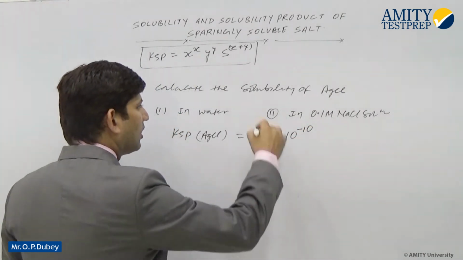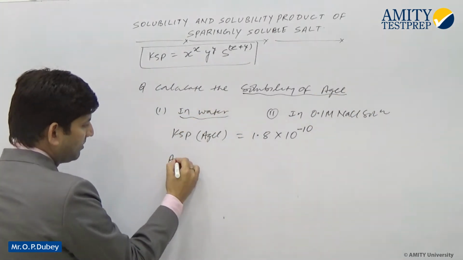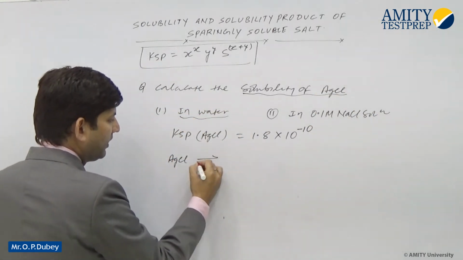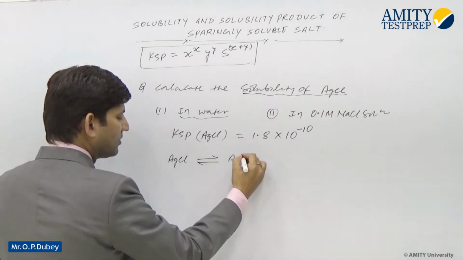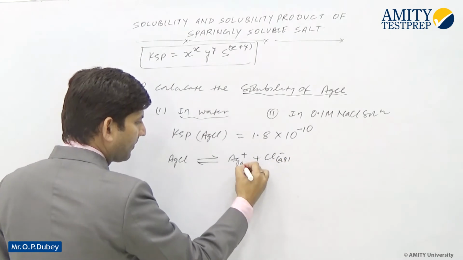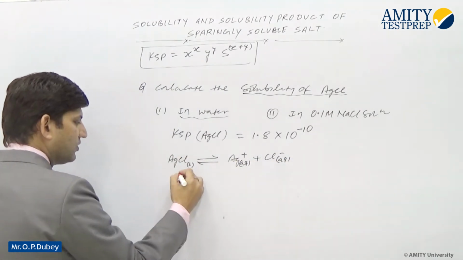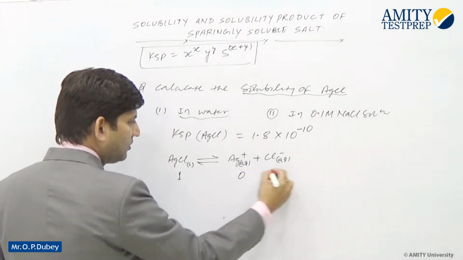To calculate the solubility of AgCl in water, see, simple. AgCl, when it dissolves in water, gives Ag+ and Cl- ions. They are in aqueous condition and AgCl is solid. Suppose the AgCl is 1, it is 0, 0.